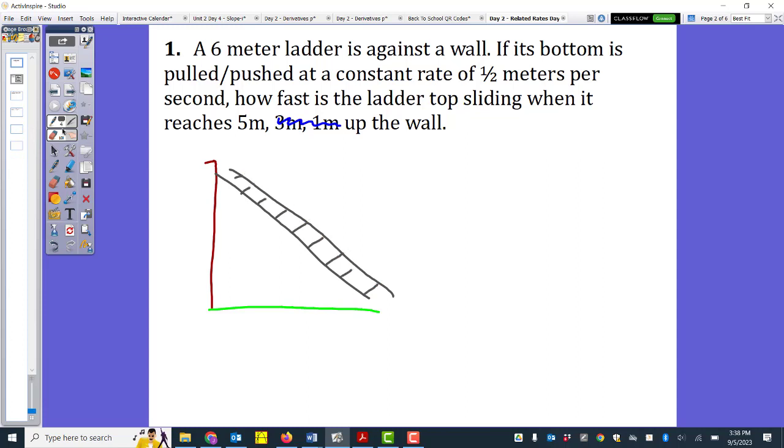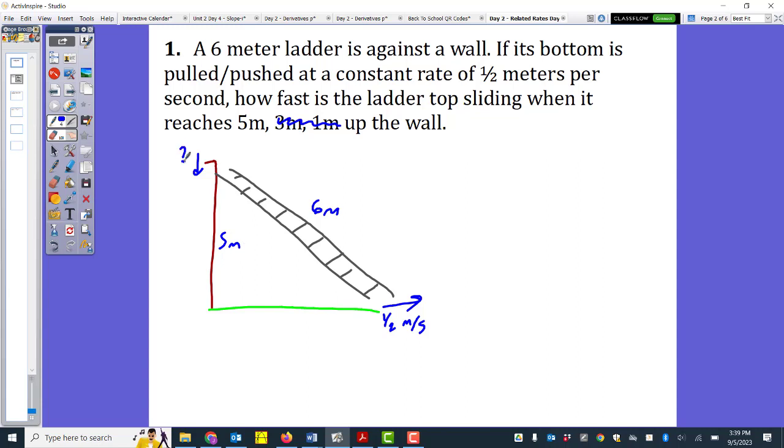It's saying that this ladder is being pushed or pulled at a rate of 1/2 meters per second. The ladder is 6 meters. And it's asking how fast is the top of the ladder, how fast is this part sliding down the wall, when it reaches 5 meters. So when this is 5 meters. Okay, so we're looking for this right here.